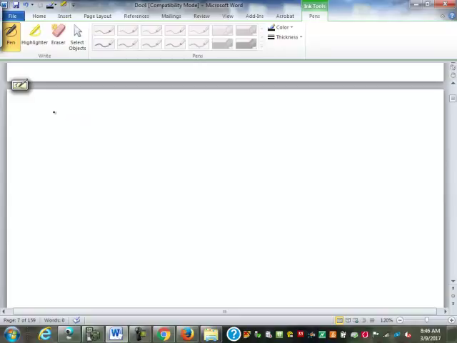How about this one? What's different here? It's cubic feet, cubic inches.